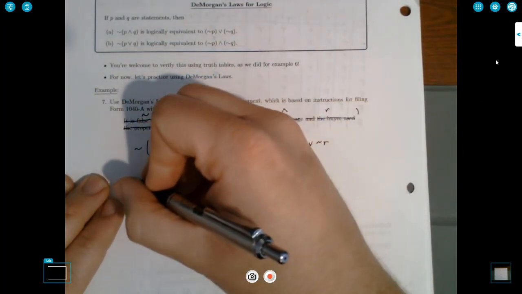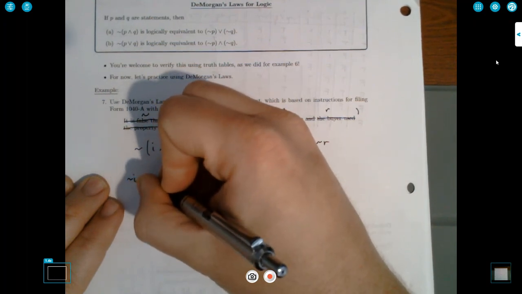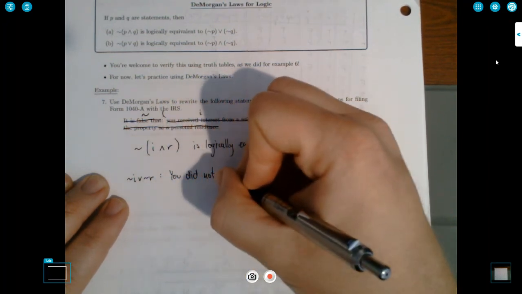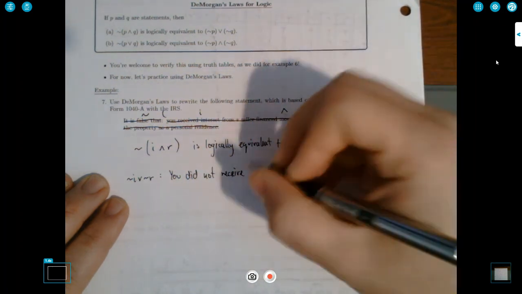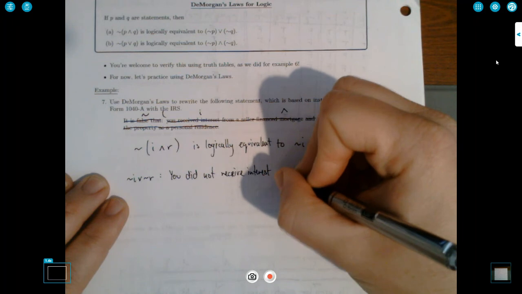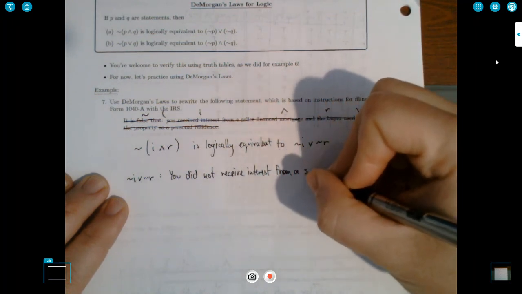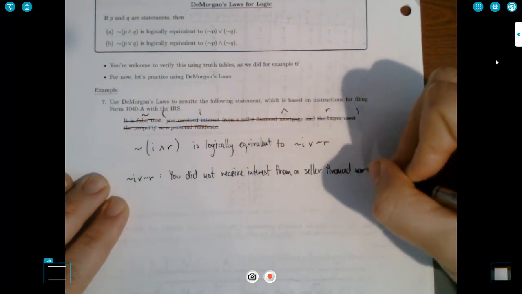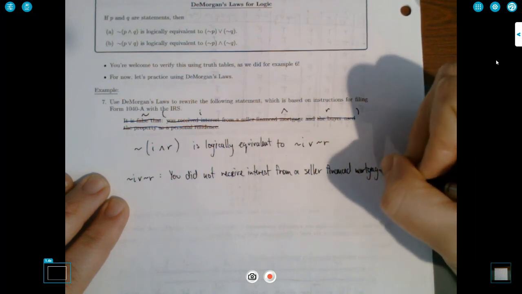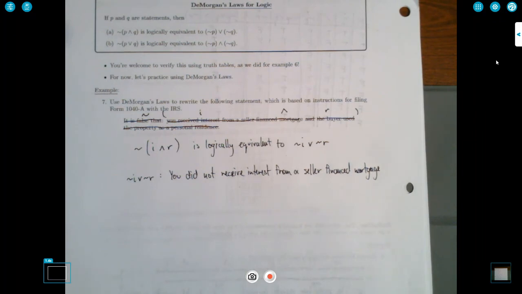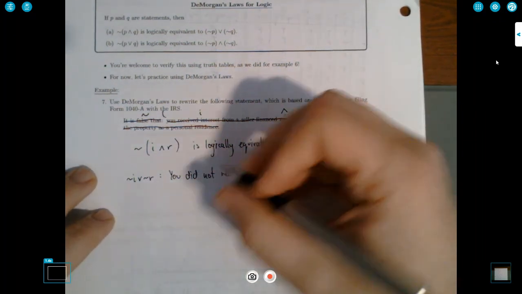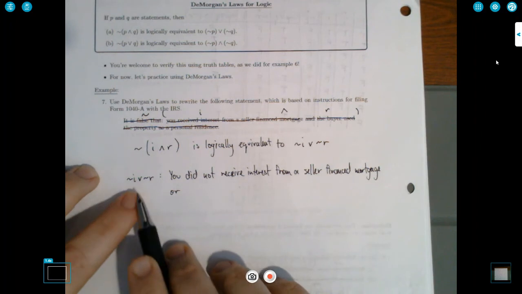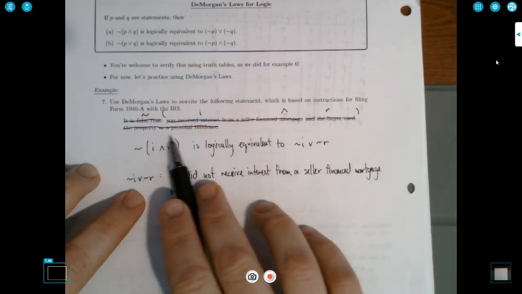So not I or not R would be you did not receive interest from a seller-financed mortgage, or not R. Well, R was the statement the buyer used the property as a personal residence.